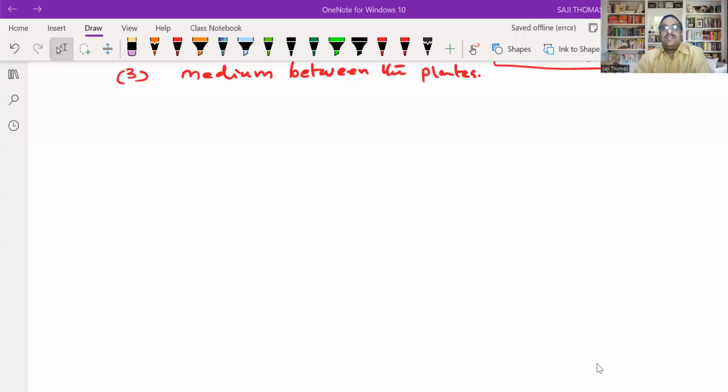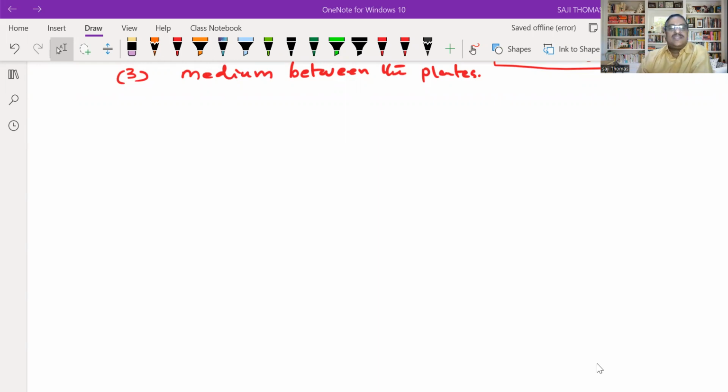Today we will discuss the effect of introducing a dielectric medium between the plates of a parallel plate capacitor.